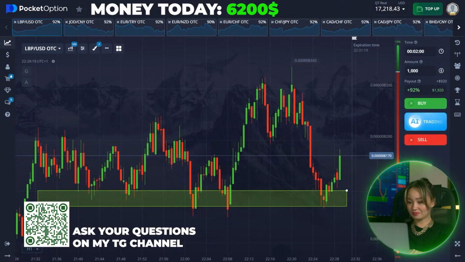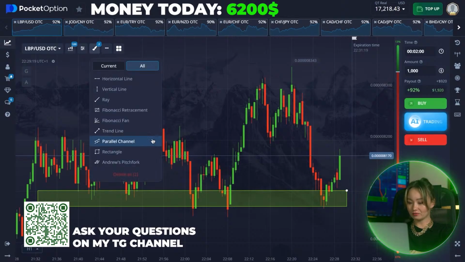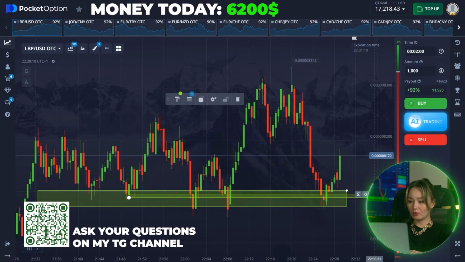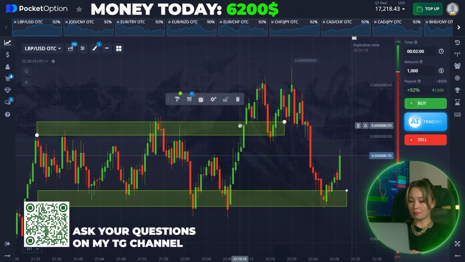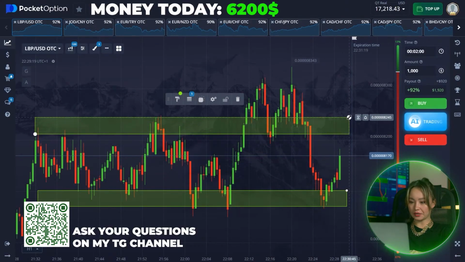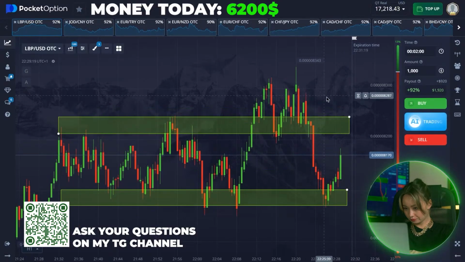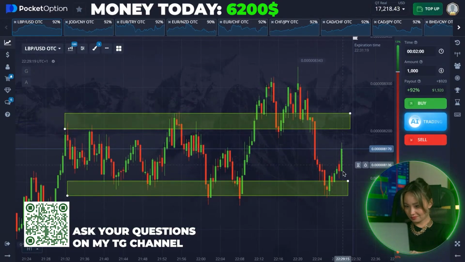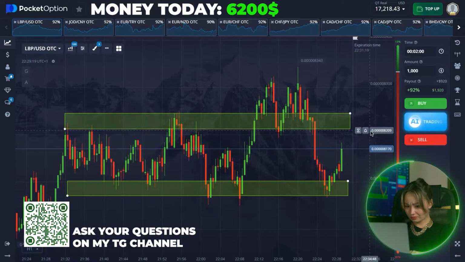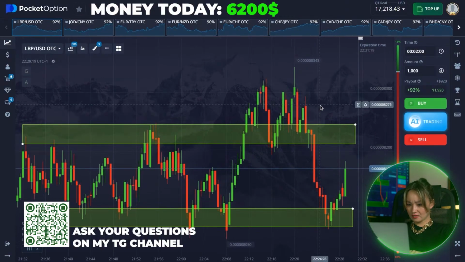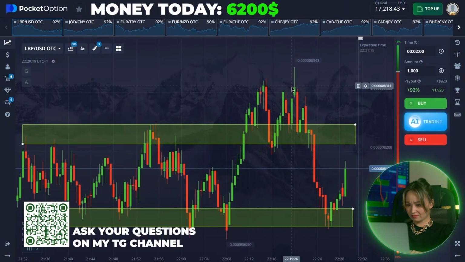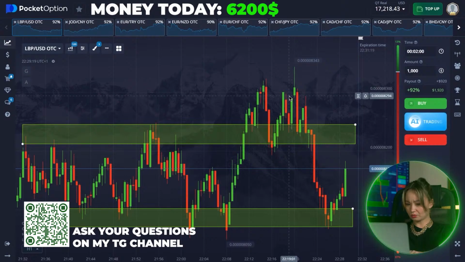All right. They also have a level above, a resistance level. We can wait for the price to approach it and then open a trade to go down. Is the chart loading? It seems so. The price just stopped.